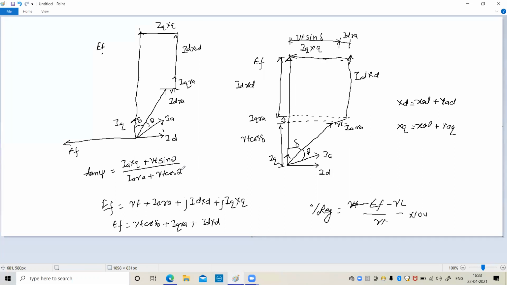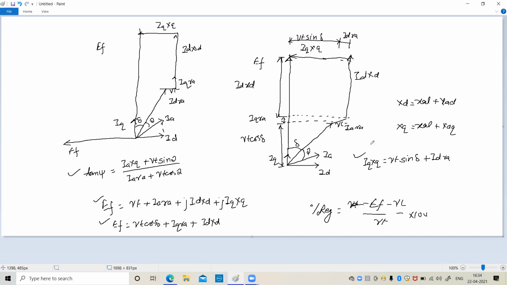One more relation is that IQXQ is equal to VT sine delta plus IDRA. So with all these relations, equation one, second, third and fourth, it is possible to calculate different parameters and hence the voltage regulation of the given salient pole alternator.